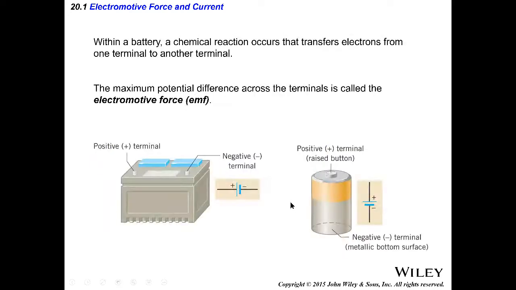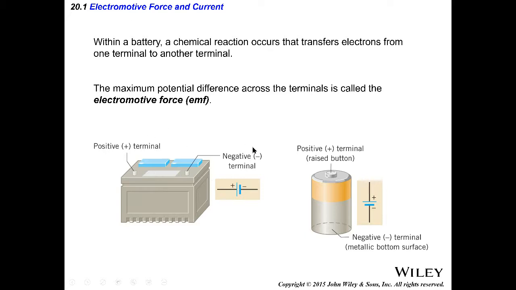And we now want to deal with electric circuits because I am now going to connect one end of the battery, of the capacitor, to the other end. And when I connect something between a positive terminal and a negative terminal, a current will flow. Why?